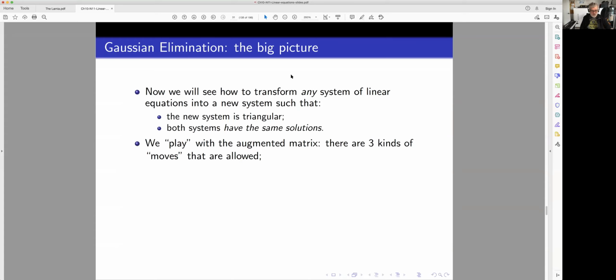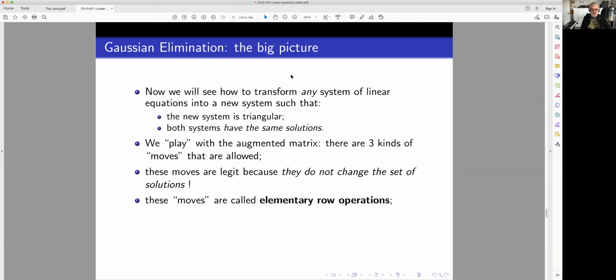Okay, so what we're going to do is to play with the augmented matrix, and there are moves that we can use on this matrix. They are legit. We are okay using them because we will see that they do not change the set of solutions. These are called elementary row operations. These are operations on the rows of the augmented matrix.